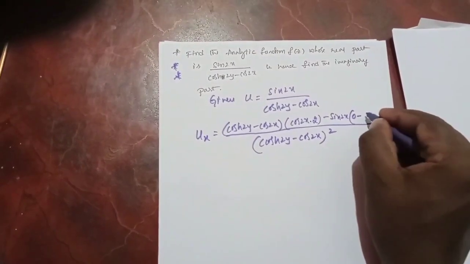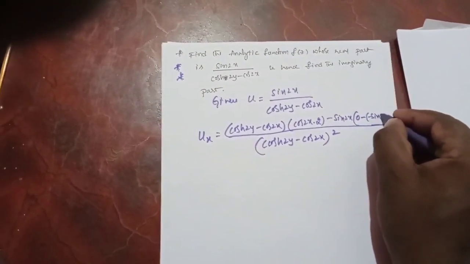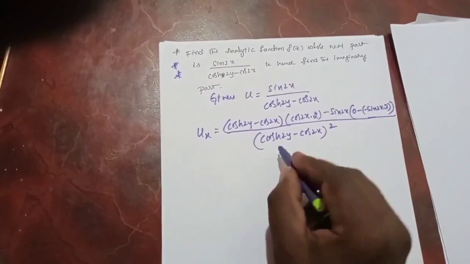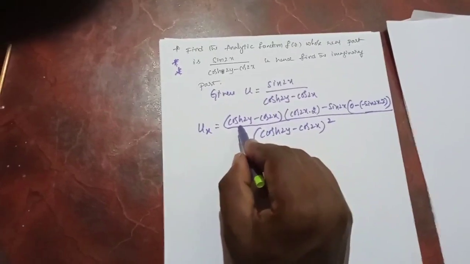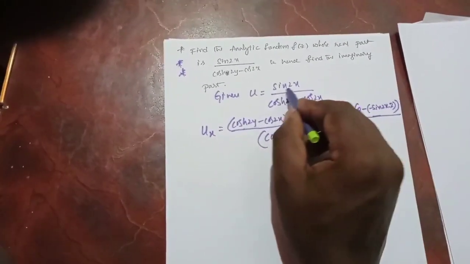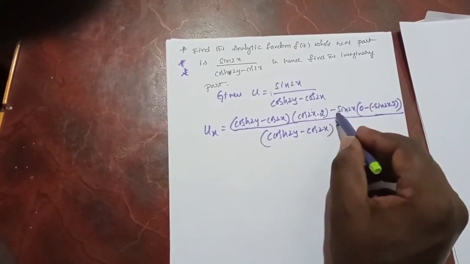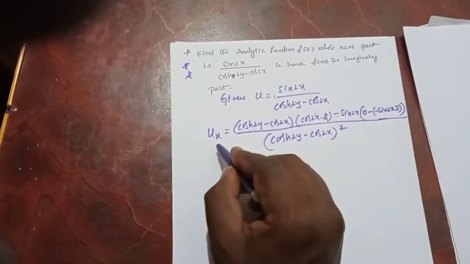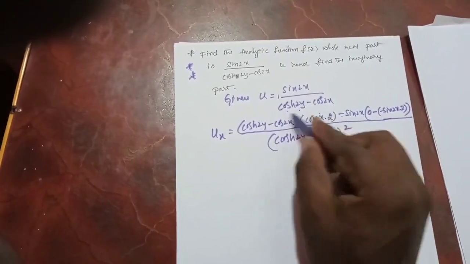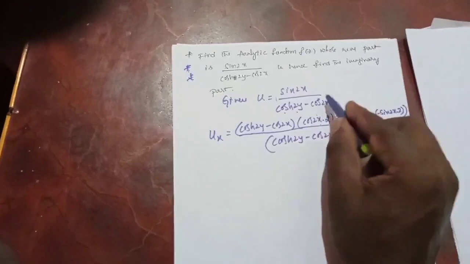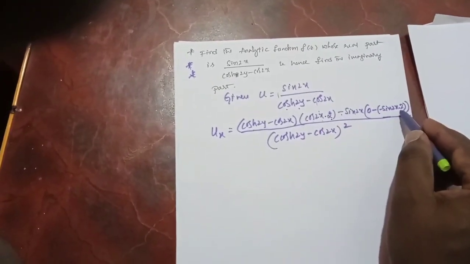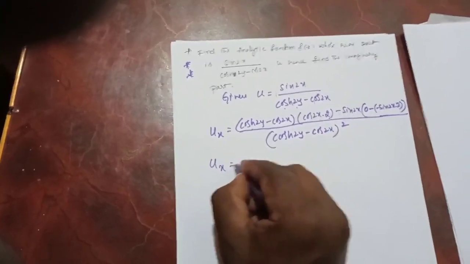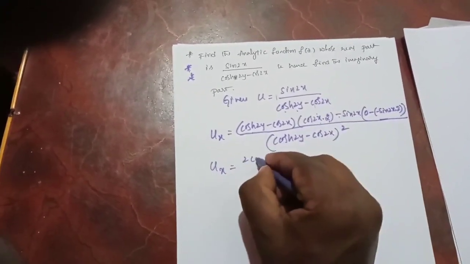Here minus cos 2x differentiation minus sin 2x into 2. So this is our u suffix x. This is 2 cos 2x.